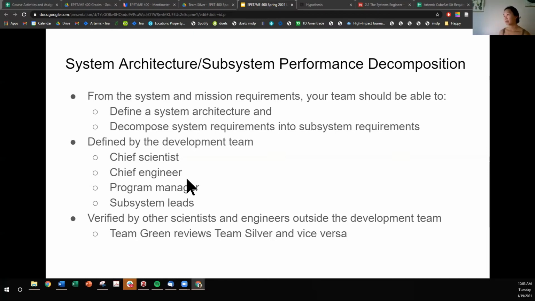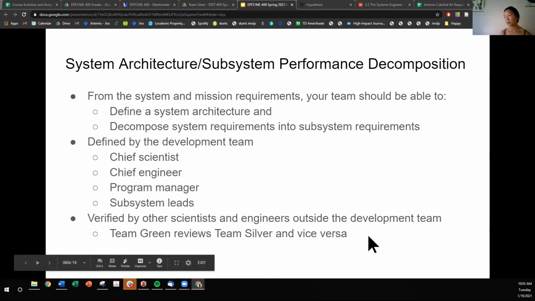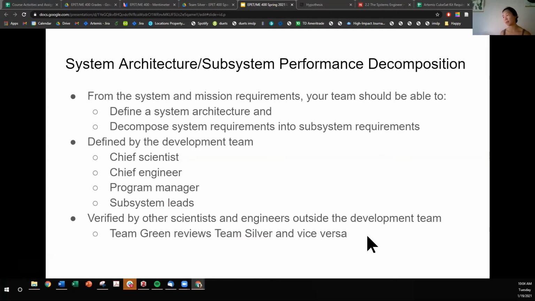This phase is verified by other scientists and engineers outside the development team. So you think the end deliverables for this phase are a system architecture and subsystem requirements. For our class, we're going to have each of the teams review the other team and vice versa.